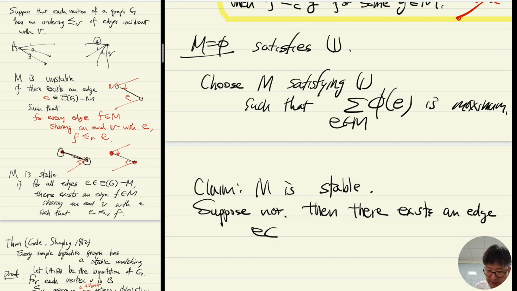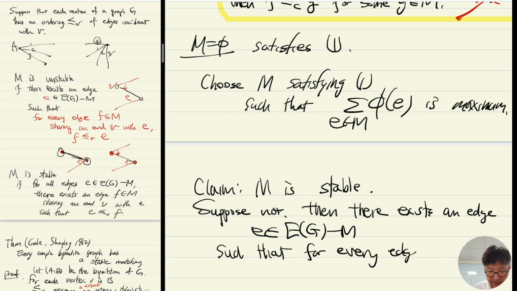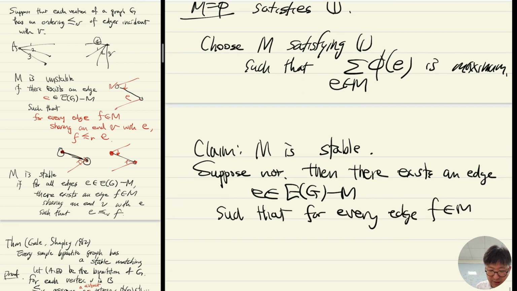As E in the left hand side, such that for every edge EF in M sharing an end V with E, E prefers F, right?